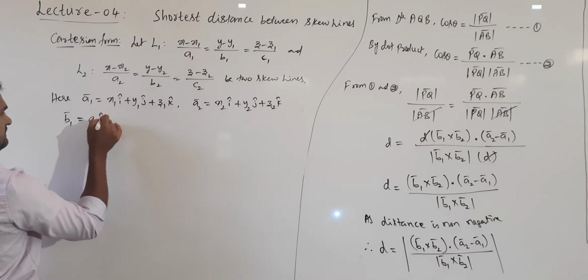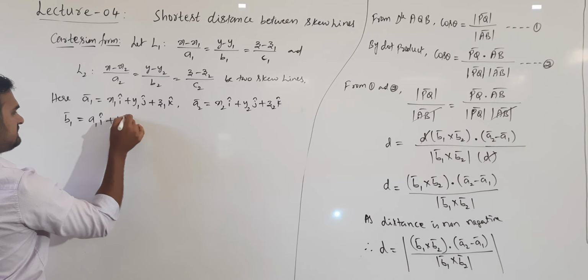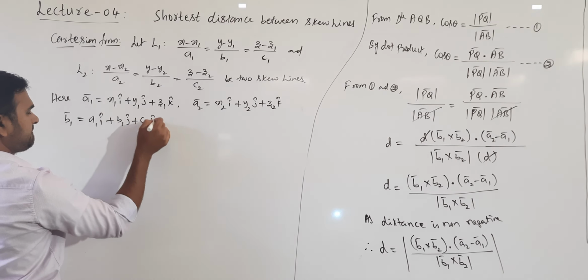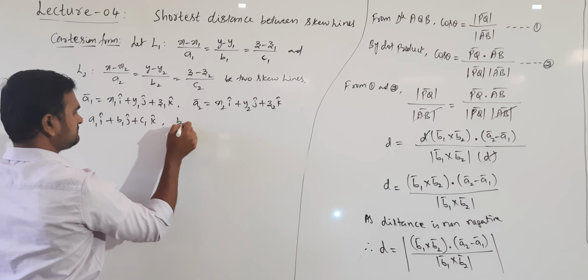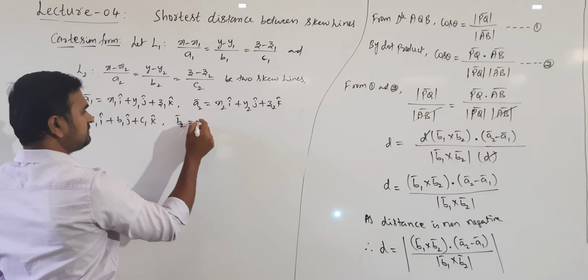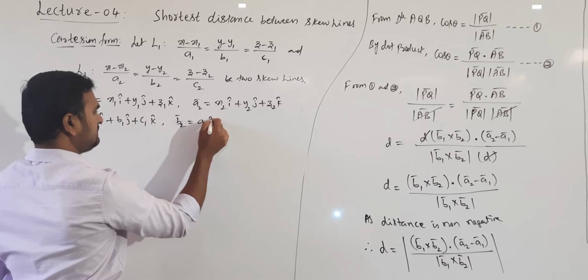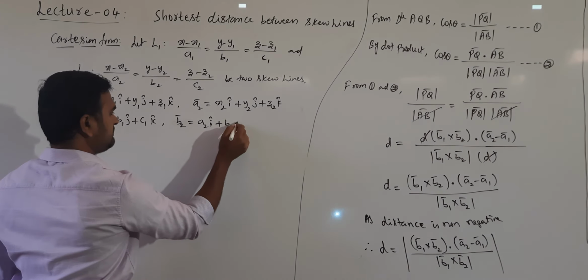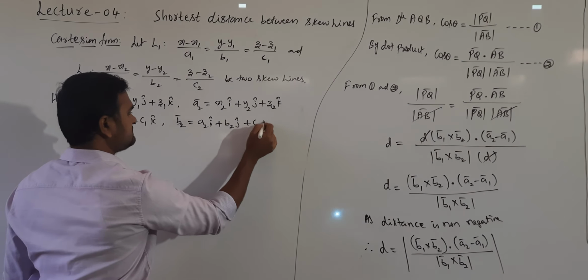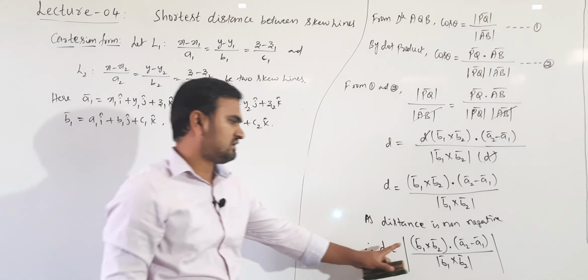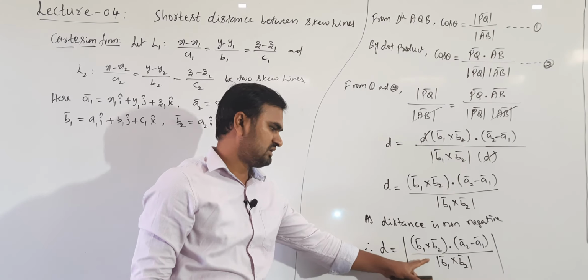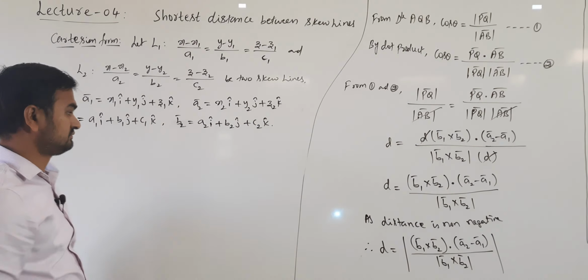So it is a1i plus b1j plus c1k, and b2 bar is a2i plus b2j plus c2k. So these are the vectors we are taking: a1 bar, a2 bar, and then b1 bar, b2 bar.